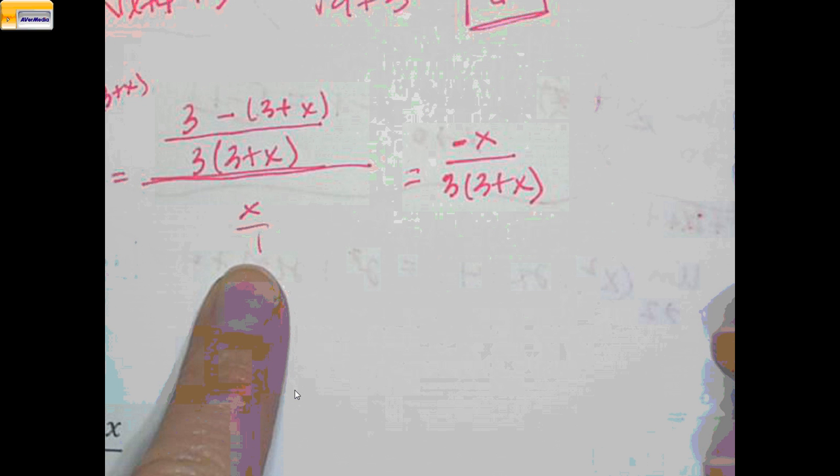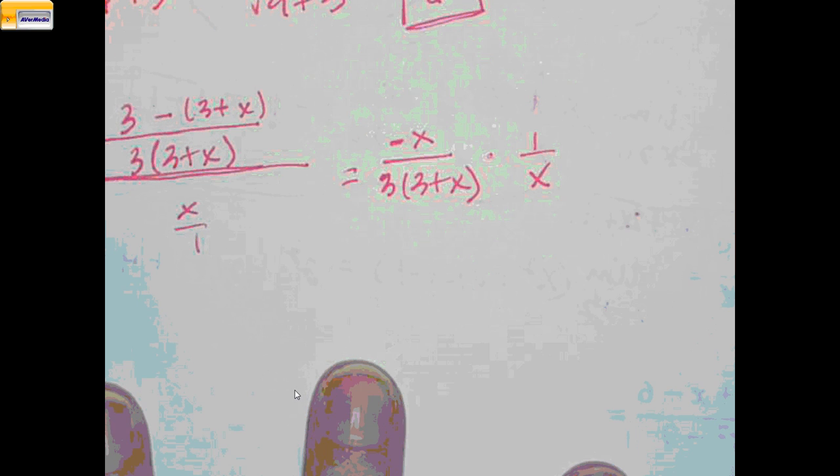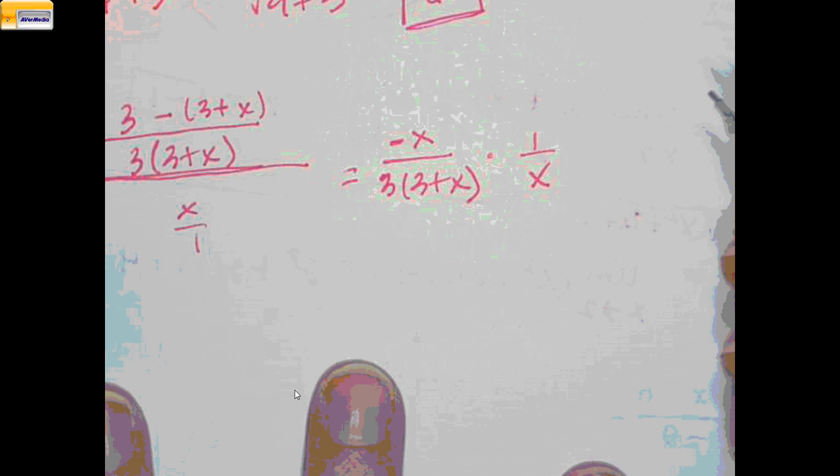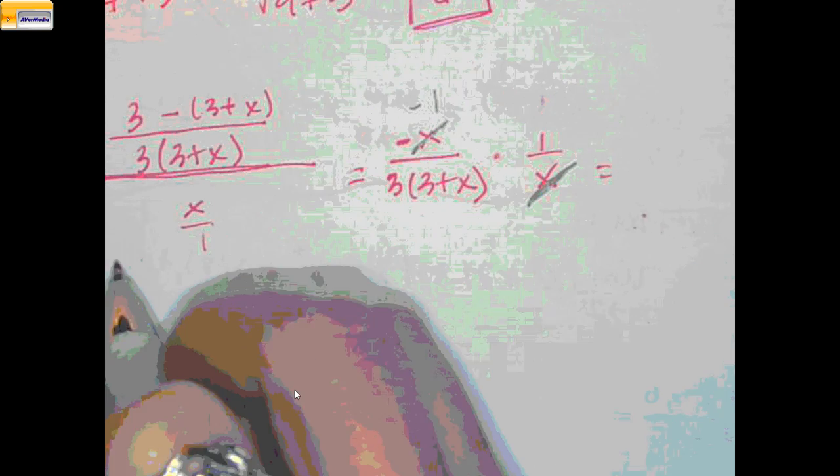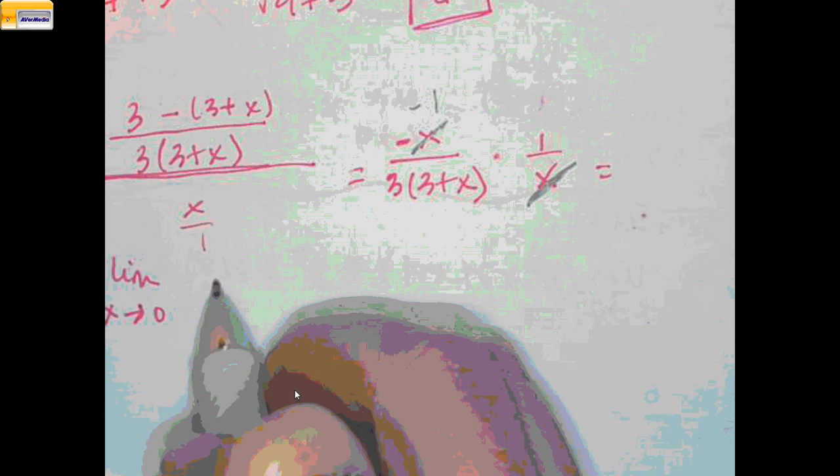Now what can we do? You should see something that's really great that you can do. Cancel the x's, right? Now that doesn't make that negative go away. There's still a -1 right there. So now I'm looking for the limit as x approaches 0 for -1 over 3 times 3 plus x.